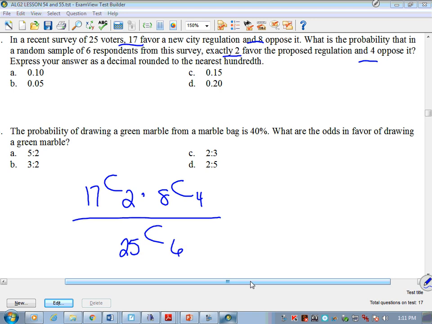So what you should see here on the top is how many we started with, but we only want specifically 2, times, well, we had 8 opposed, but we only want specifically 4, over the total. Well, the total was originally 25, but specifically we're looking for 6.